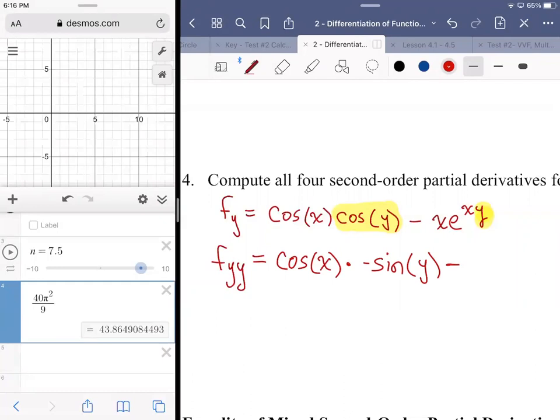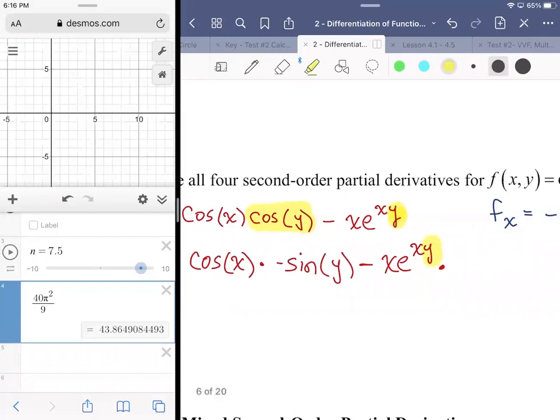Now x e to the xy looks an awful lot like implicit differentiation and all that good stuff, but it's not. It also looks like it might be a product rule situation, but it's not, because x is thought of as a constant here. So for x e to the xy, we take the derivative of the e to the xy component.